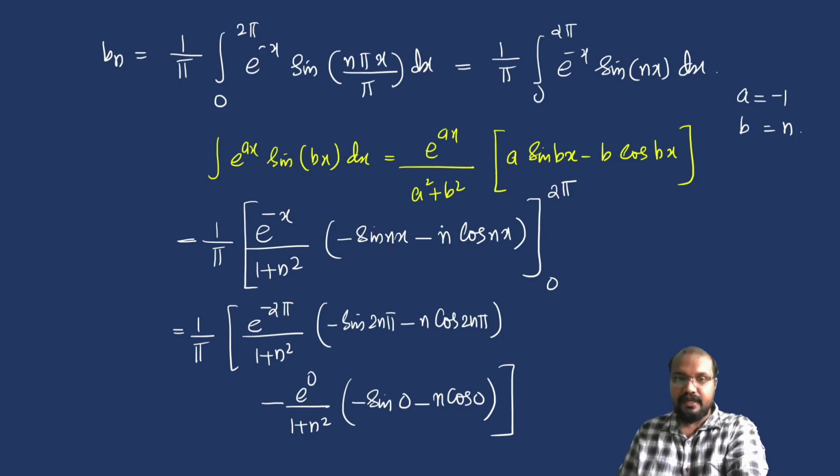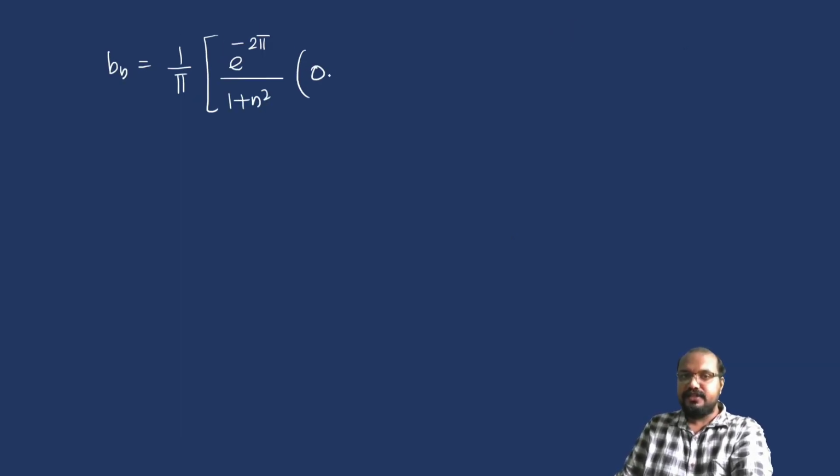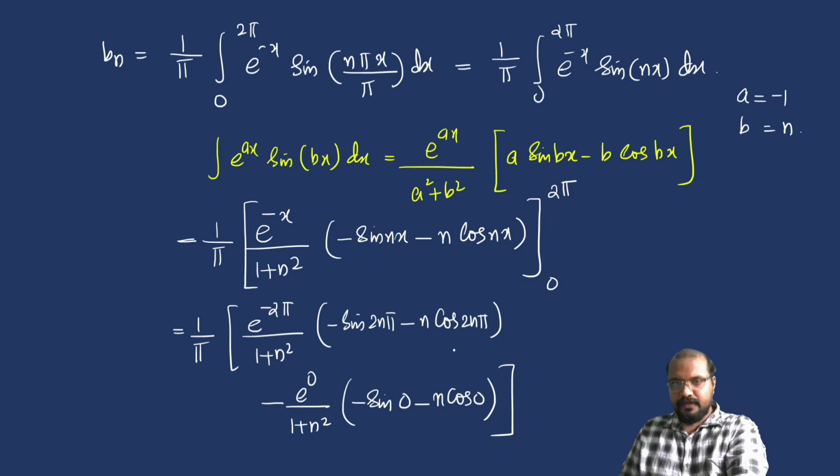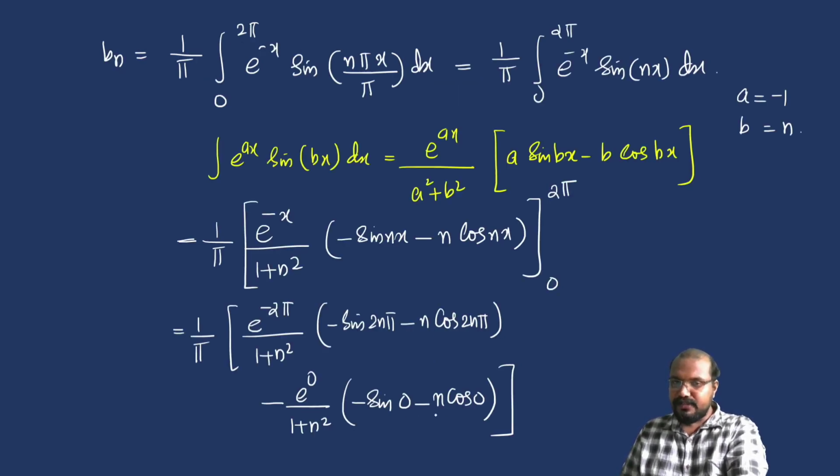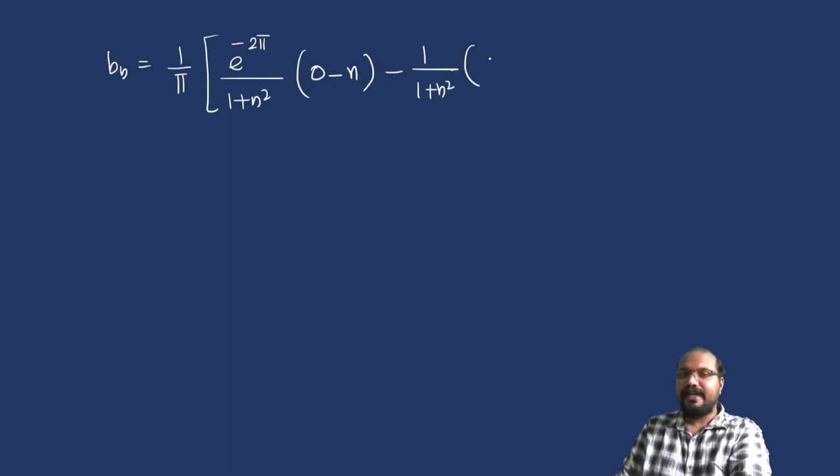Sorry, plus 1, isn't it? Therefore, you'll get a minus 0 minus n here. Then here also you can have e raised to 0 is 1, 1 by 1 plus n square into sine 0 is 0 and minus n into cos 0 is 1. Therefore, you'll get minus n over there.